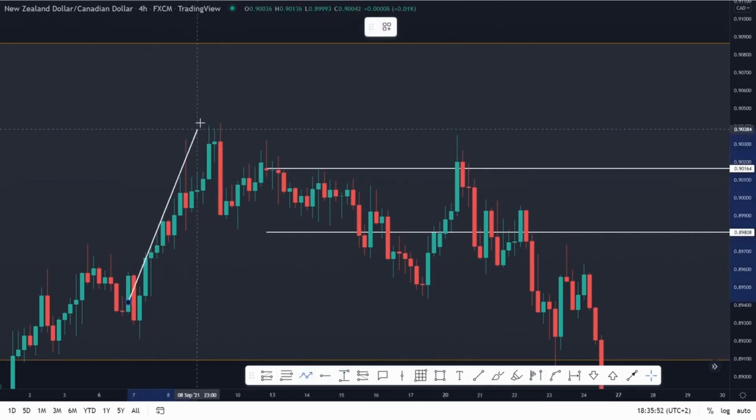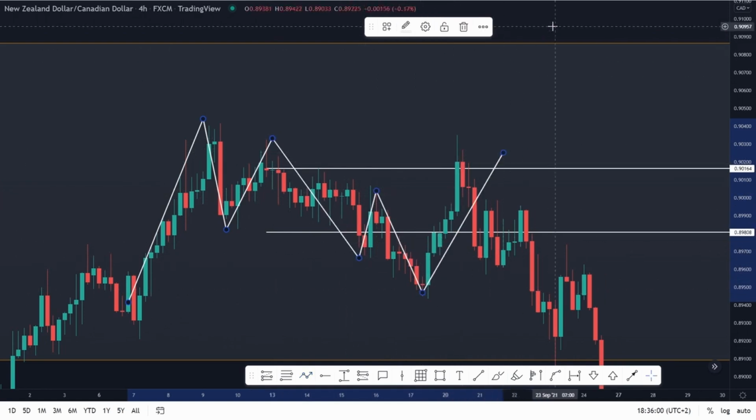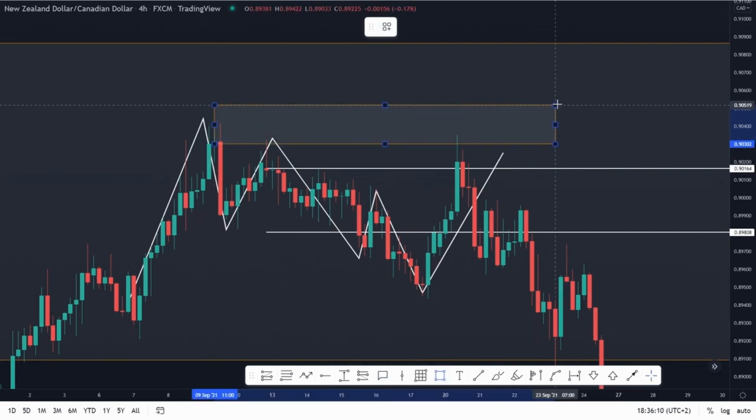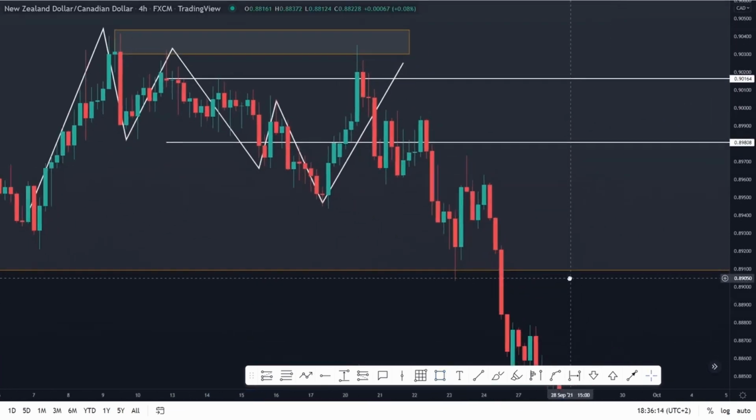We can see that we were bullish, then bearish again, something like this, and then meaning right now we can look to sell. We have our zone over here, then we can sell from here.